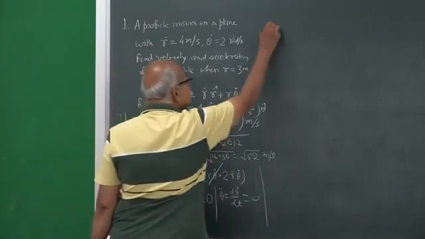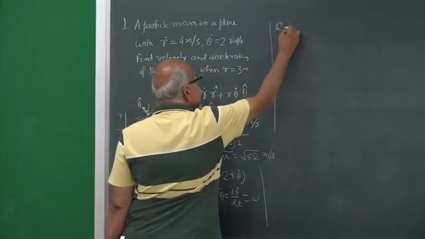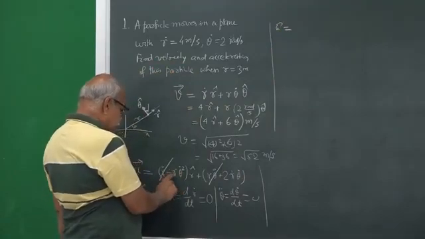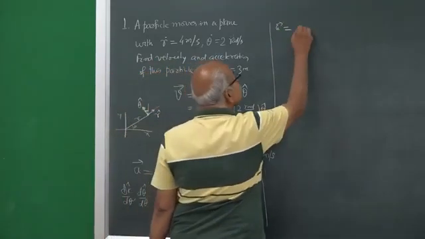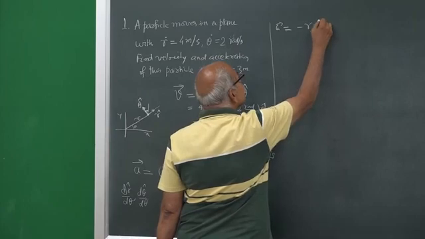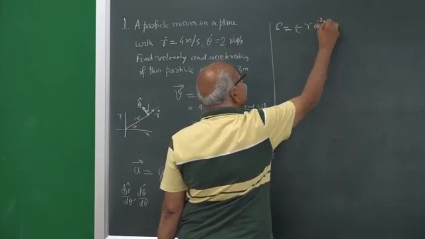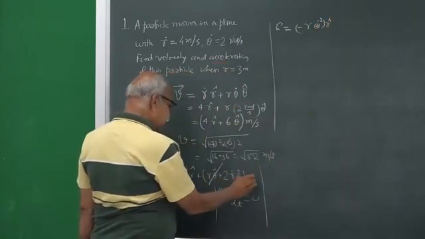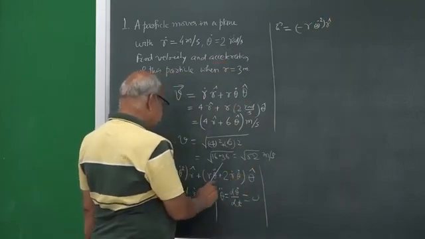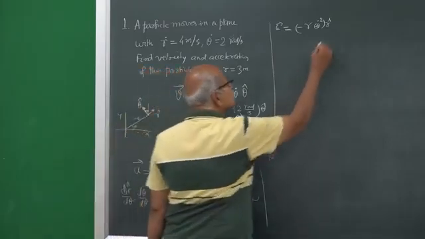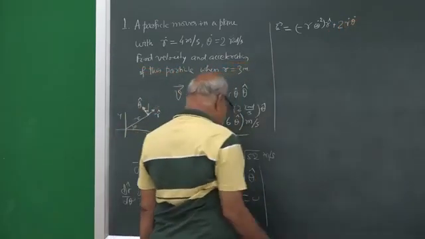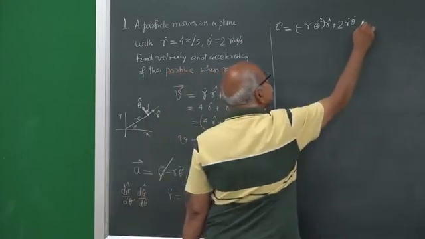So, a is equal to minus r theta dot square in the r cap direction, and in the theta cap direction, plus 2 r dot theta dot.